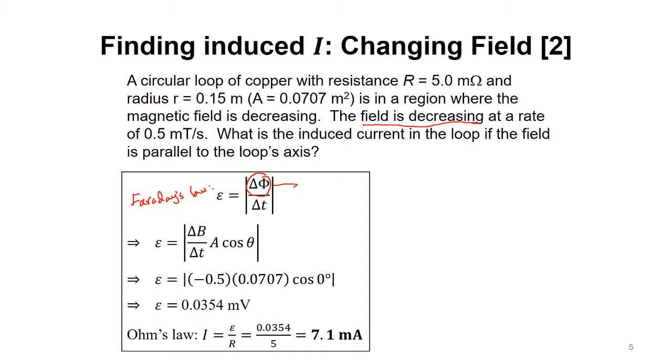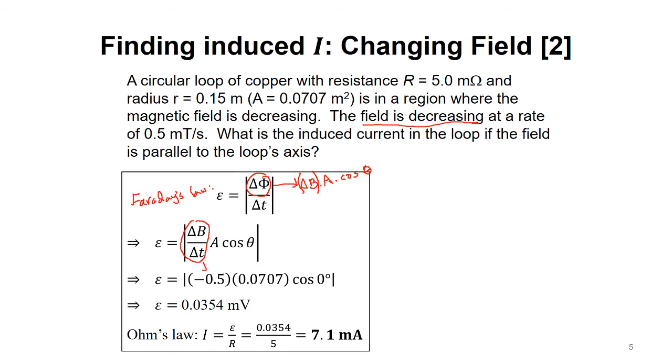So we can write delta phi as delta B times area times cosine of theta. Remember that if only one of area or field is changing, you can just put a delta for the quantity that's changing, and everything else remains the same. So in the next line, we have delta B divided by delta T, multiplied by area times cosine theta.